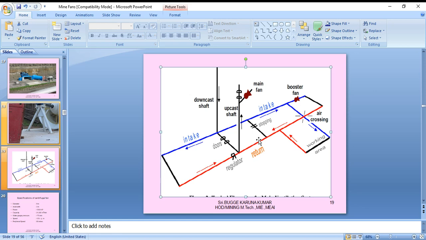Again, this entire flow comes back to the upcast shaft, where the main fan, called a centrifugal fan, serves the return airway. So this is a complete network for the ventilation in underground mines. You can easily understand these concepts of the underground mine ventilation system through this.